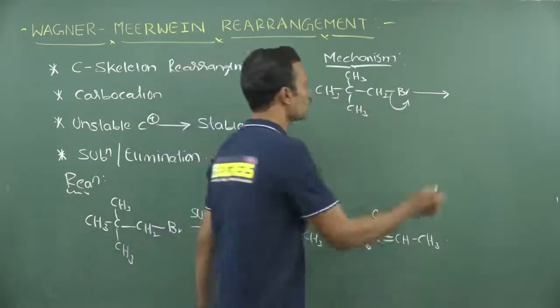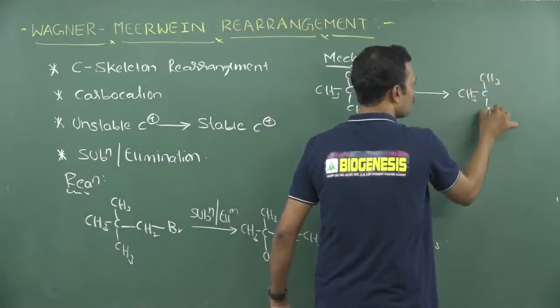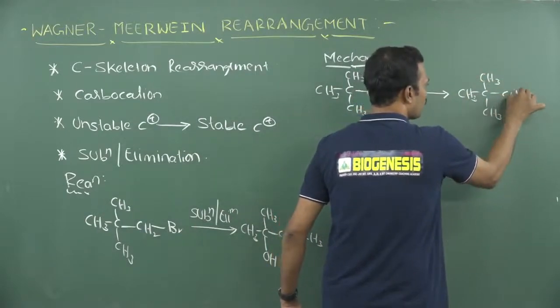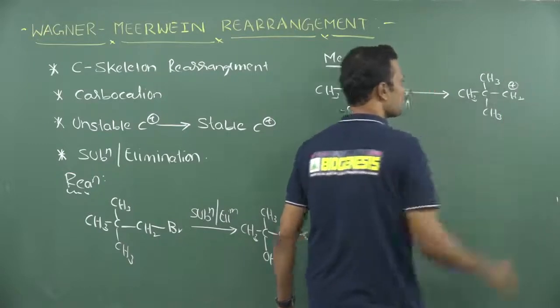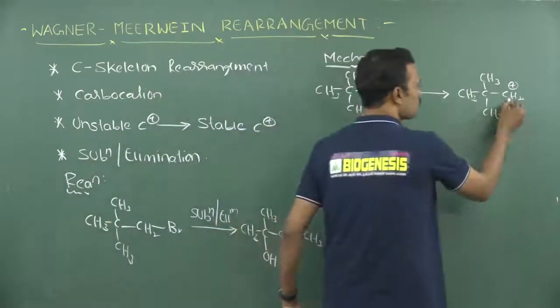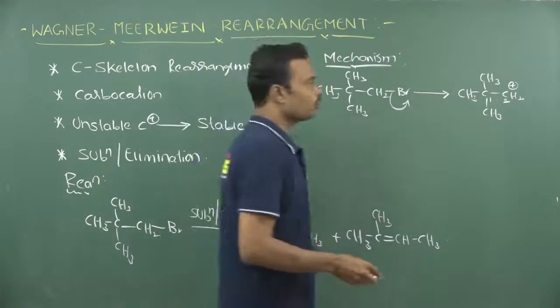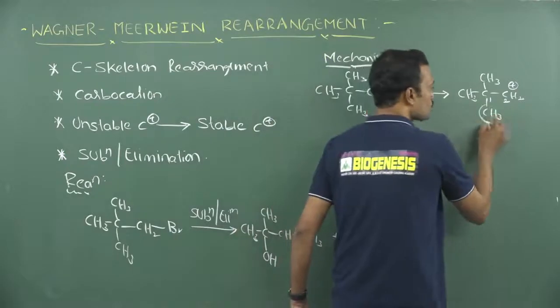When you remove the halogen, there is a formation of a neopentyl cation. After formation of this cation, you need to see whether it is a stable carbocation or not. See, after formation of this carbocation, this is 1 and this is 2. So, from 1 to 2, there is a shift observed here.